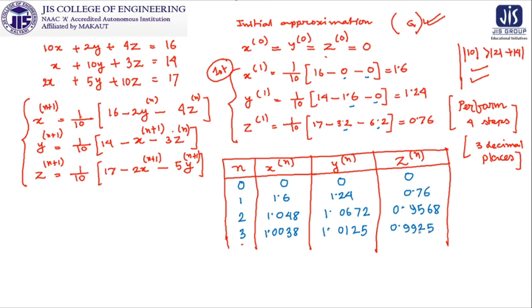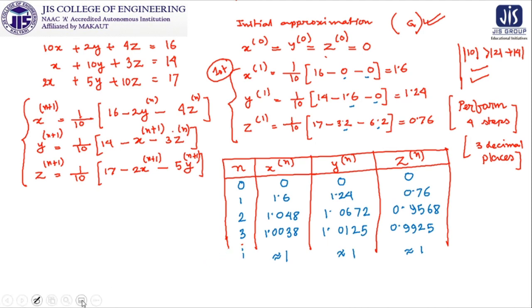Now I think you have already observed that after one or two steps you get values very close to 1, here, here, and obviously here as well.